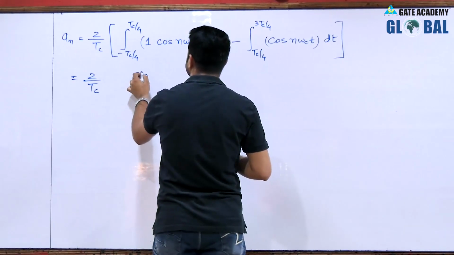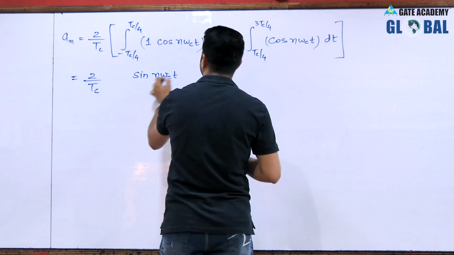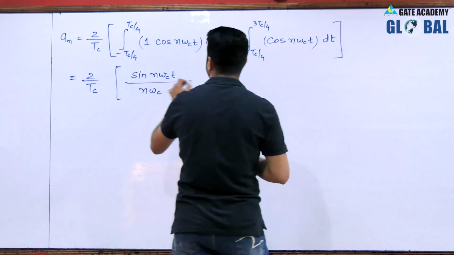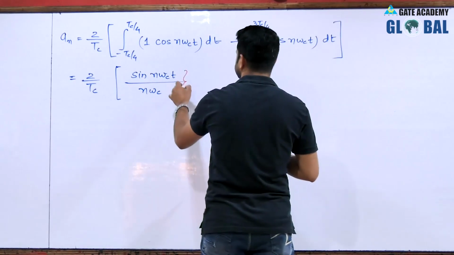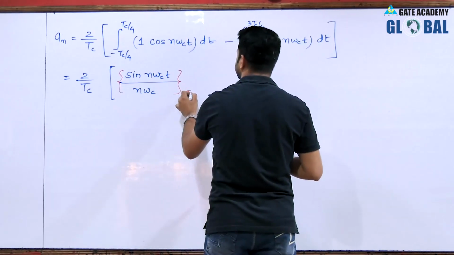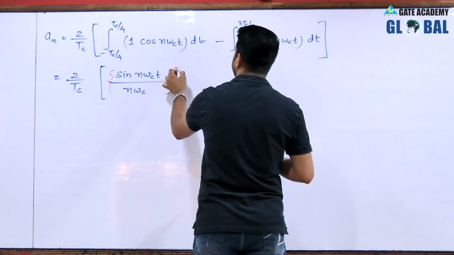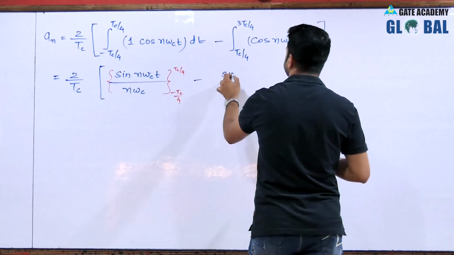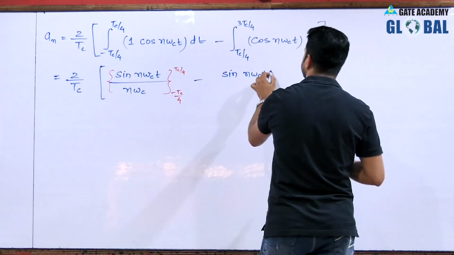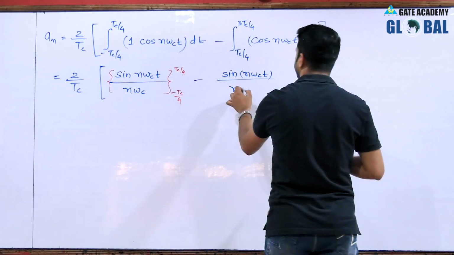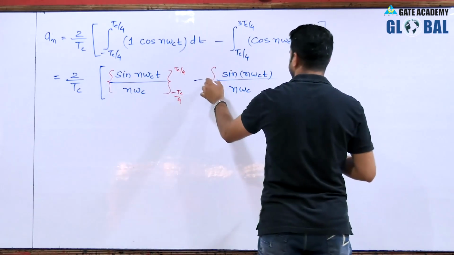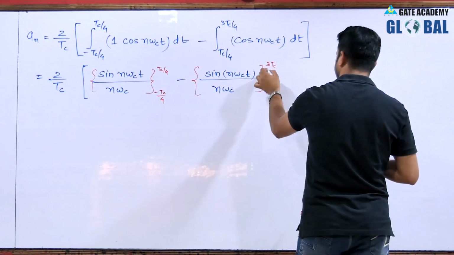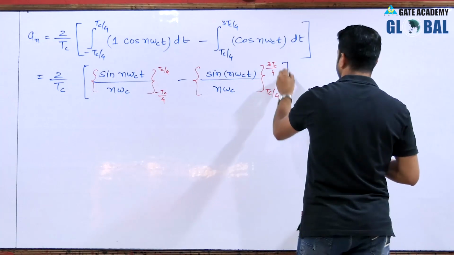Integration of cos is sin n omega Ct divided by n omega C, limit from minus Tc by 4 to Tc by 4, minus again sin n omega Ct divided by n omega C, limit from Tc by 4 to 3 Tc by 4.